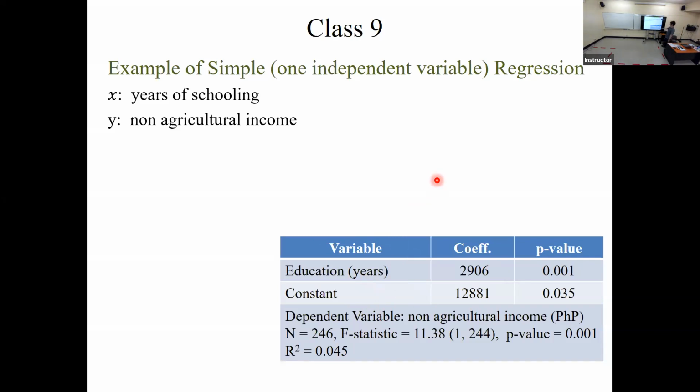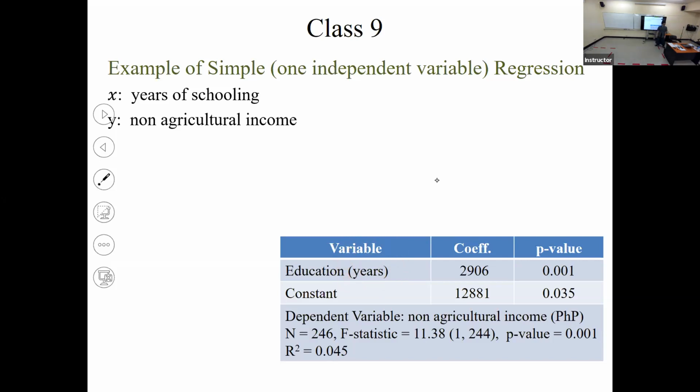For the coefficient, of course, you have to present the variable names. And good practice is to put the unit as well. You don't just put education, because education can be an ordinal variable, like above college, above high school, above secondary. So better you specify it is a ratio scale variable.